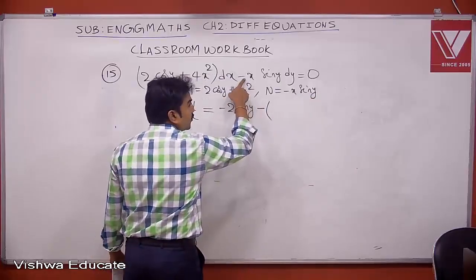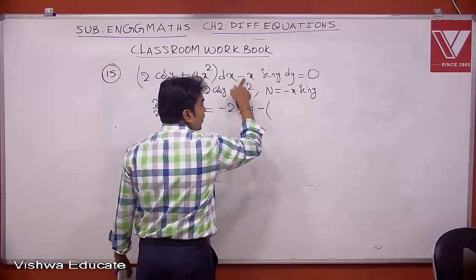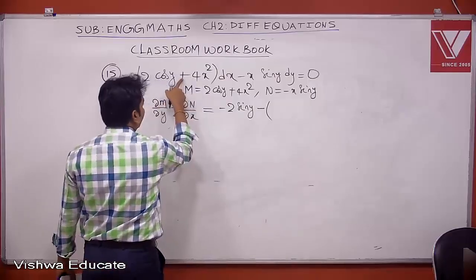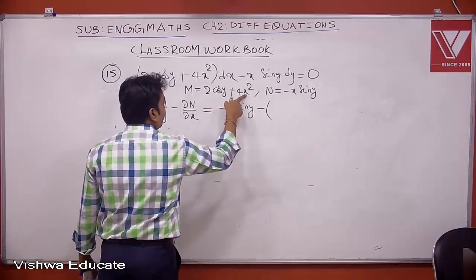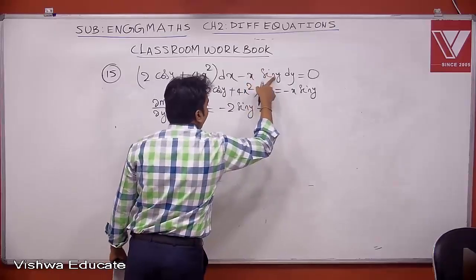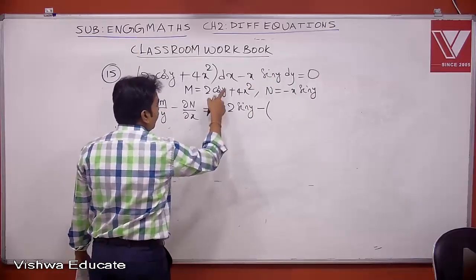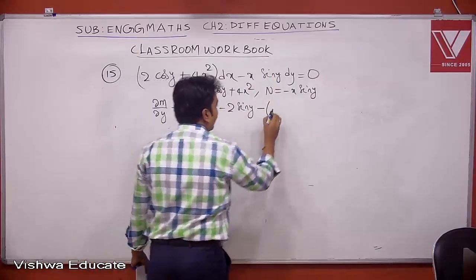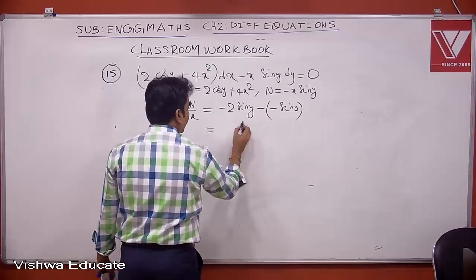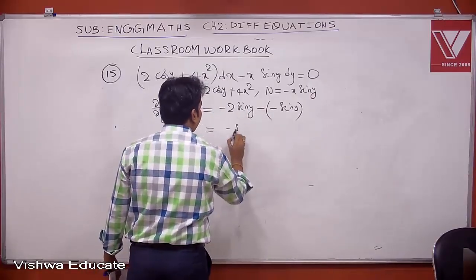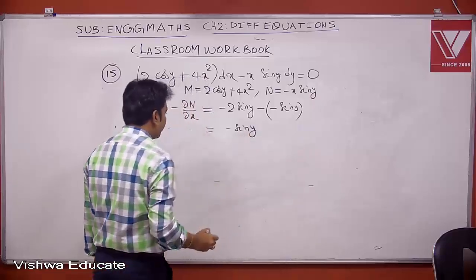Be cautious about this minus symbol, people may forget this minus. So dou M by dou y is minus 2 sin y. Dou N by dou x is minus sin y. Therefore this is minus 2 sin y plus sin y, which is minus sin y.